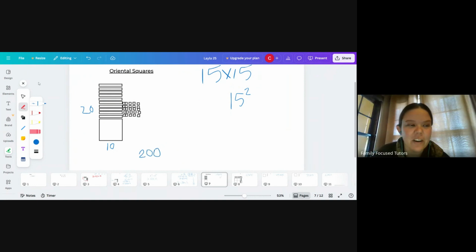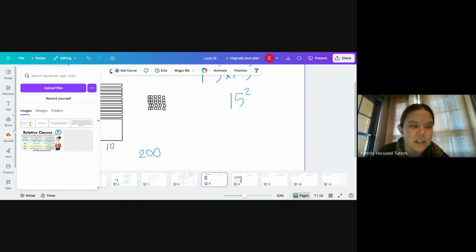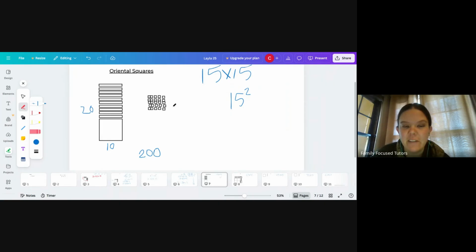Yeah, so we have 200, and then we also have this 5 times 5 left over that we need to do. So 5 times 5 is 25. So your answer to 15 times 15, when we move things around, as long as you have the same amount of objects, you can move them around in these type of problems. So we have 20 times 10, so 200 plus 25.